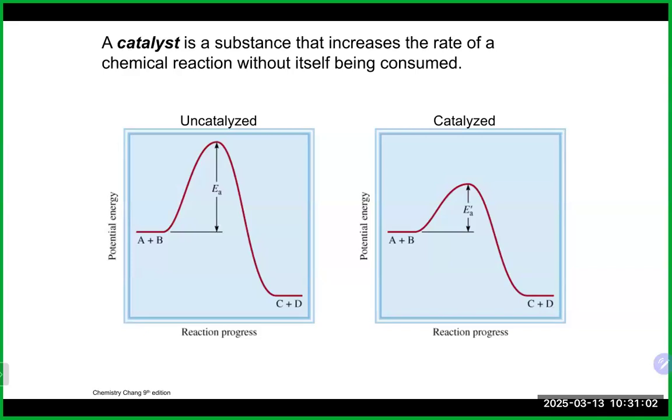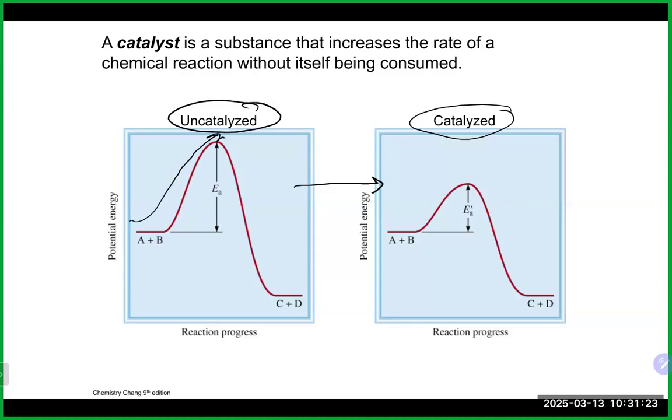Ultimately, by allowing that reaction to occur more efficiently, what it does, as we can see here between our energy diagrams of an uncatalyzed reaction versus a catalyzed reaction, is this: in the uncatalyzed reaction, those reactants had to climb this bigger hill to get to the other side.